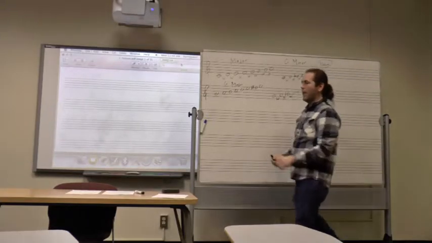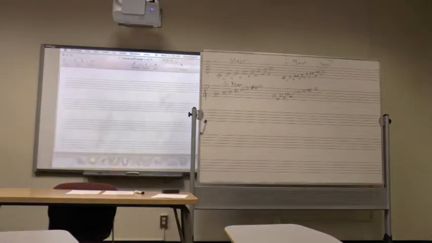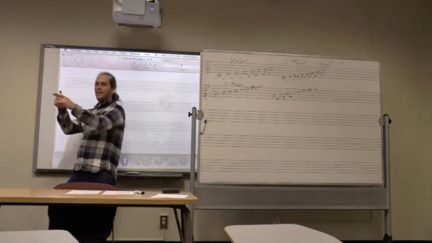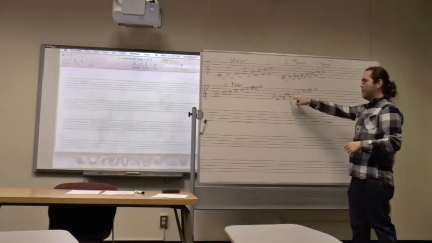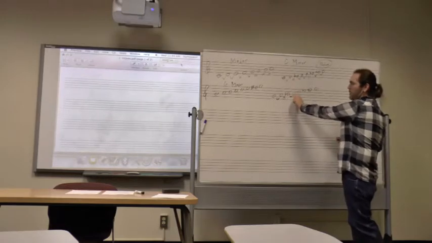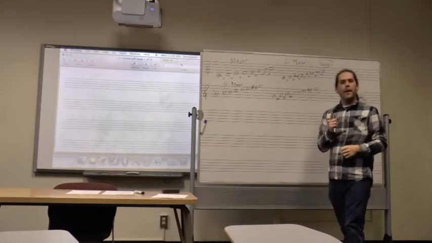And what's the distance between a B natural and a C on a keyboard? It's a half step. It's normally a half step already, so there's no black note in between the B and the C. So when we lower B to B flat, that's going to make it a whole step between B flat and C natural. Any other questions on that one?